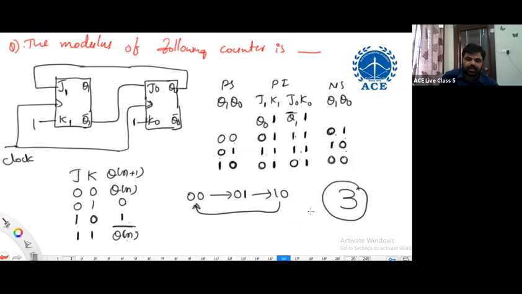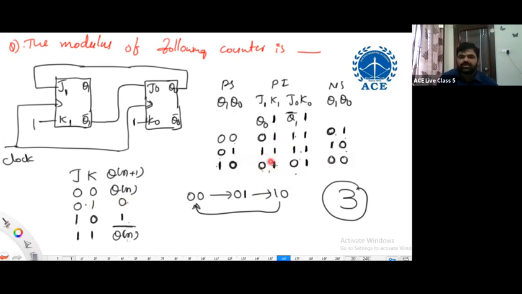In the third cycle, the next state must be 1 in Q1. Why? Here we have that 1, 0. But because of this, what inputs are we getting? Q0 is 0, K1 is 1. Q1 bar means 1 bar is 0, K0 is 1. Yes, J1, K1, 0, 1. Why do you expect 1 here? As JK is 0, 1, what is the next state? 0.